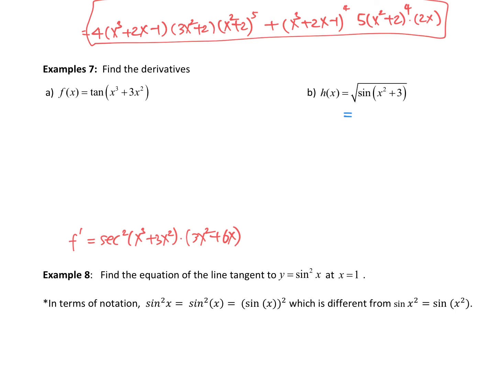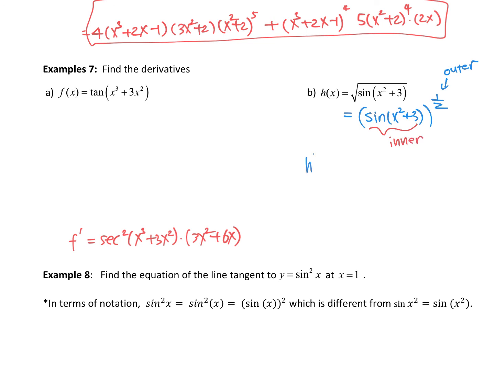So I see sine of something, and then I see the radical function. Sine is inside the radical function, so the radical function would be my outer. So I'm going to rewrite this like this: sine of x squared plus 3, the whole thing to the 1/2 power. So this will be my outer function, and then this will be my inner function. Okay.